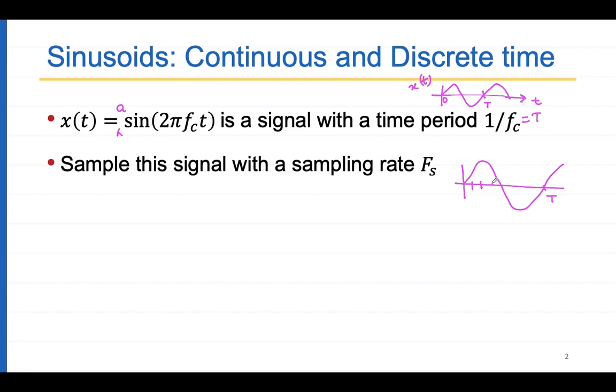And I will be taking equidistant samples. If this is 0, what is Ts? Ts is 1 upon fs. And what I will get is a sequence of numbers, something like this.